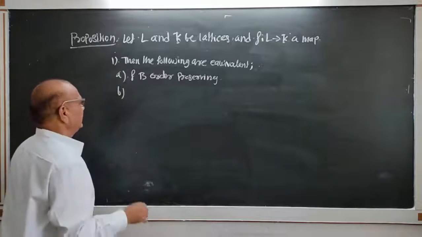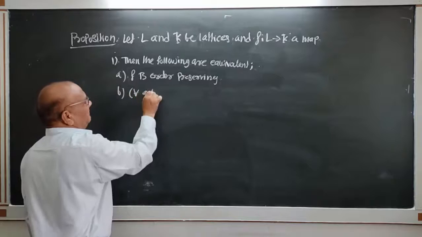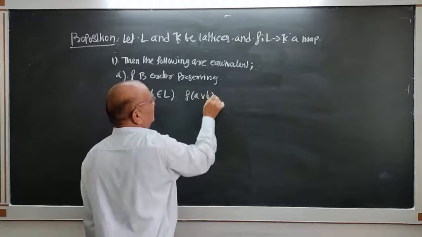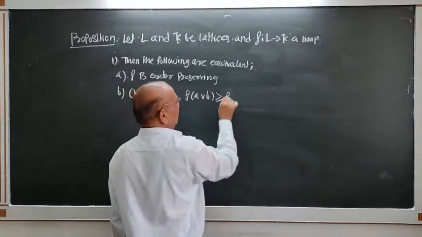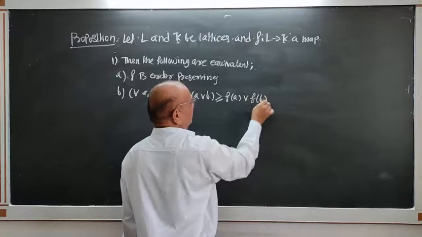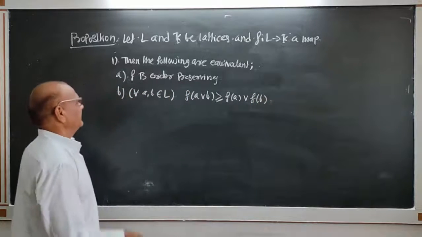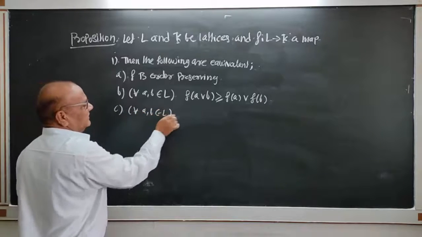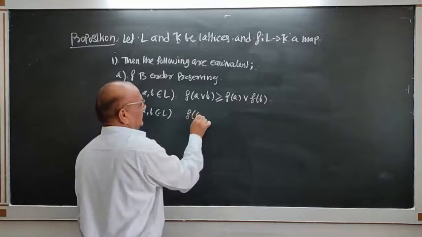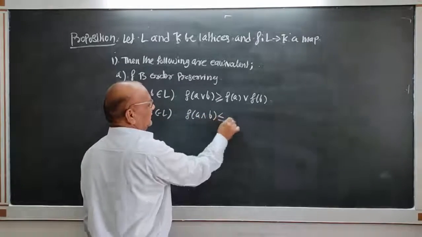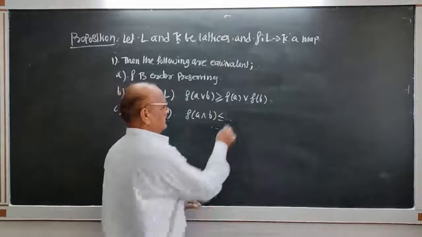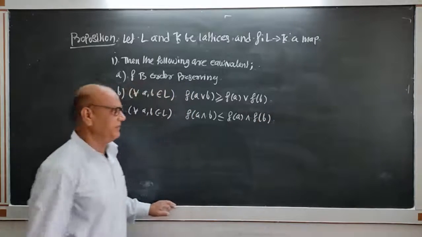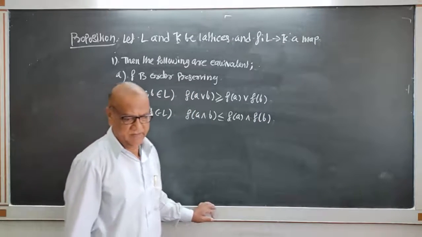B: for all a, b belonging to L, f of a join b is greater than or equal to f of a join f of b. C: for all a, b belonging to L, f of a meet b is less than or equal to f of a meet f of b.